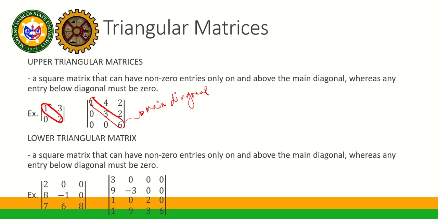Okay? So, kapag upper triangular matrix natin, entries below the main diagonal should be 0. Dito pwedeng non-zero. And then lower triangular matrix naman, a square matrix that can have non-zero entries only on and below the main diagonal, whereas any entry above diagonal must be 0.